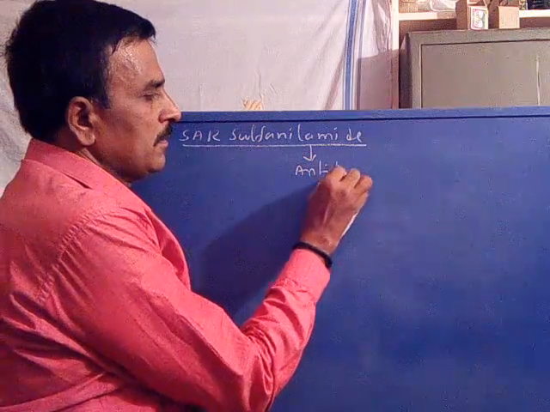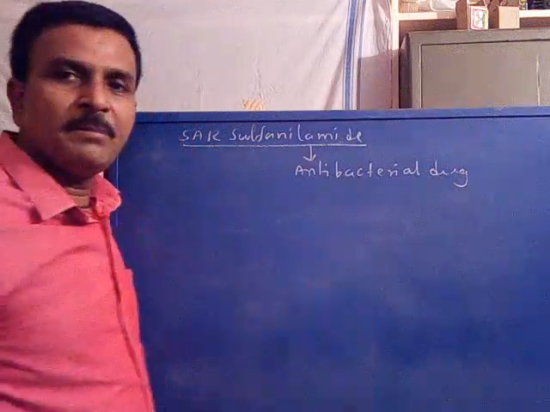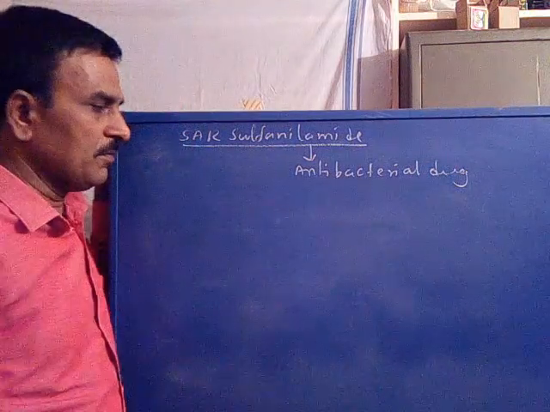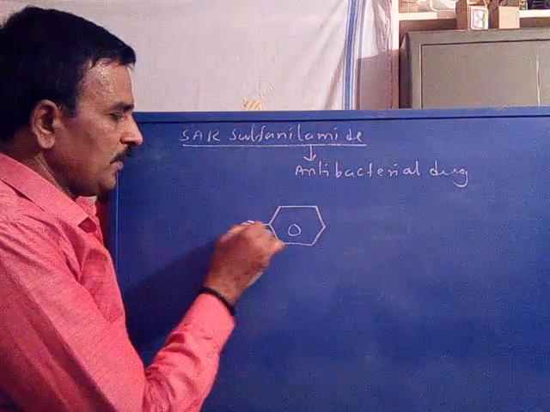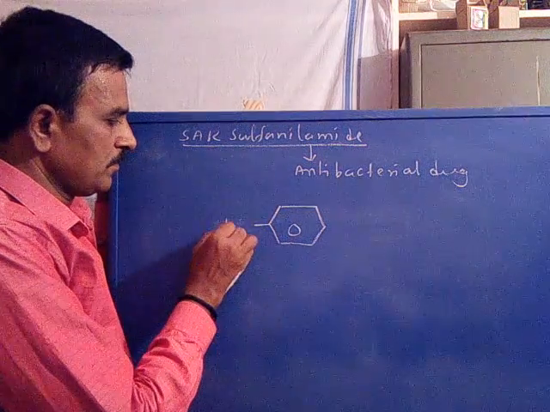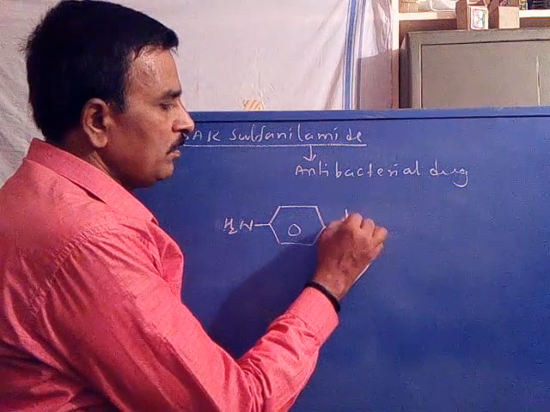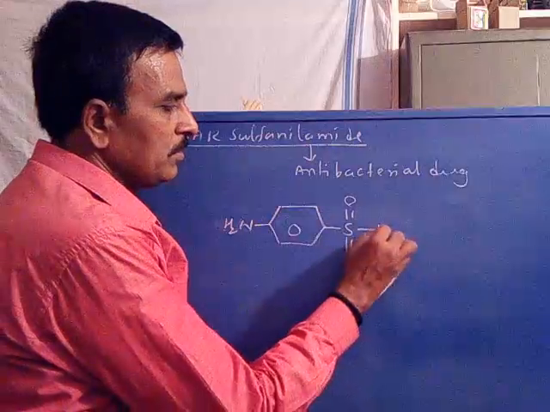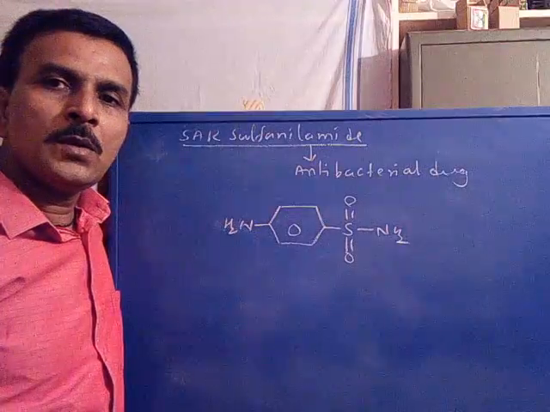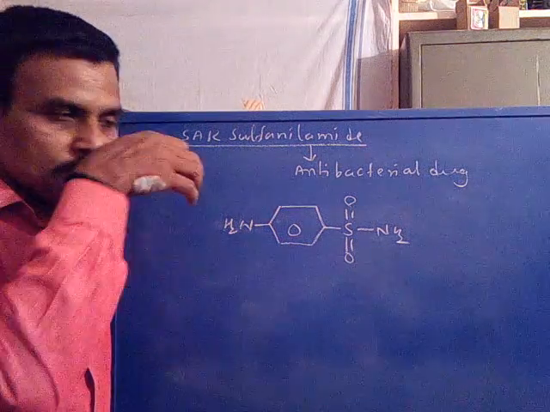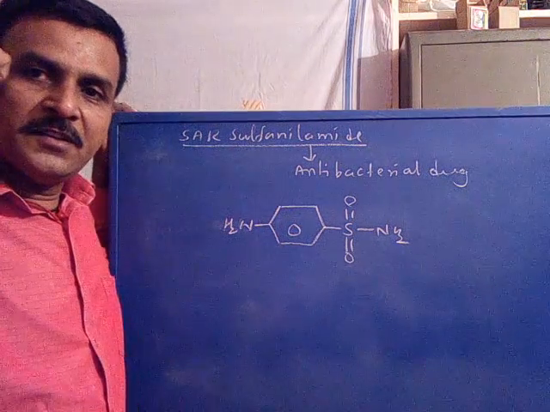It consists of one benzene ring with an NH2 group and S double bond O, S double bond O, NH2. This is the structure of sulfanilamide. It is a good antibacterial agent or drug. Is it clear? Now coming to its structure activity relationship study.